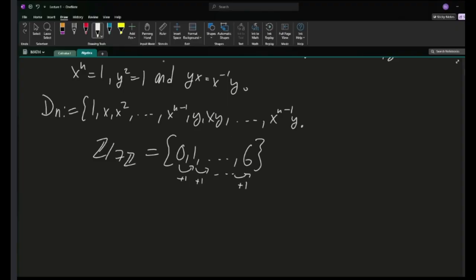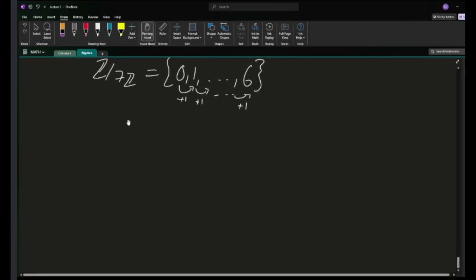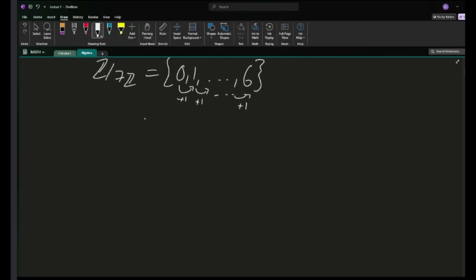So when we have group operations of, say, x to the n, that's a really fun type of group. It's known as a cyclic group. That means x times x times x times x would eventually go back to equaling 1. It's kind of like modular arithmetic, but now you're dealing with a cyclic group using multiplication.